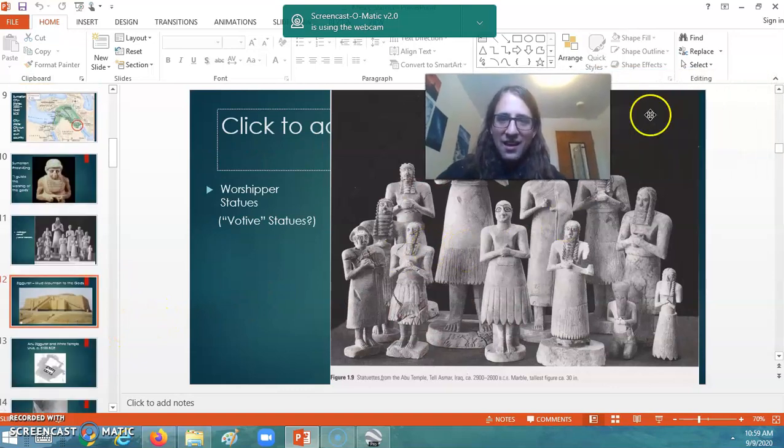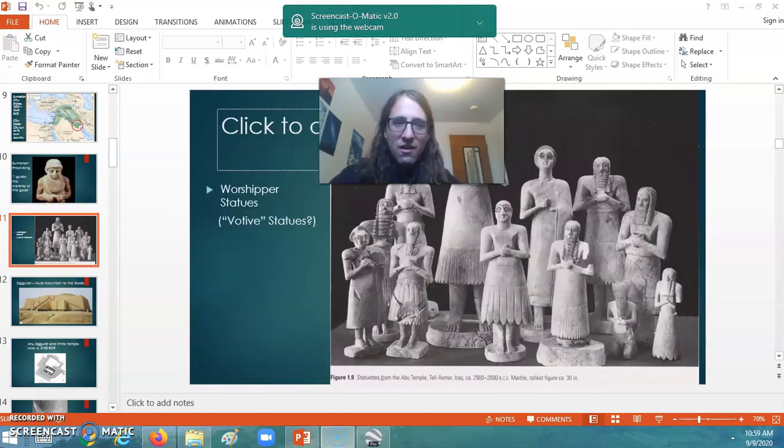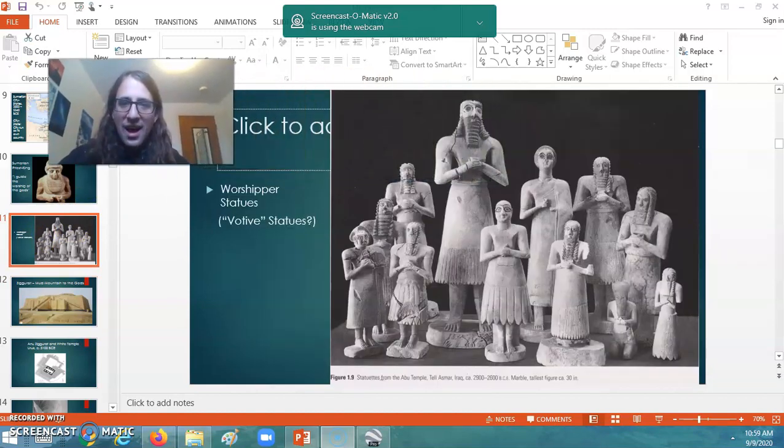This is a whole bunch of people. PowerPoint glitches. We got a whole bunch of people worshiping the gods in the temple. Kings and queens and important figures, leaders of the community and people in this hierarchy are looking towards the gods and worshiping them. This is known as a votive statue, kind of like the word devotion, meaning a gift to the gods.